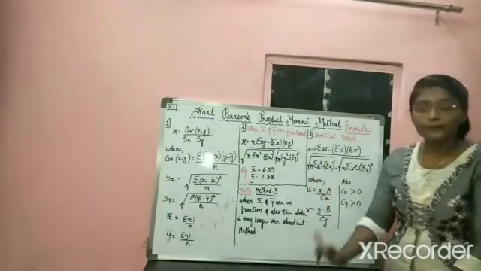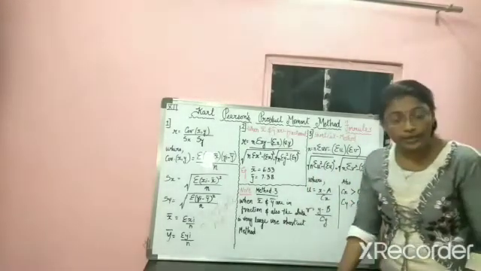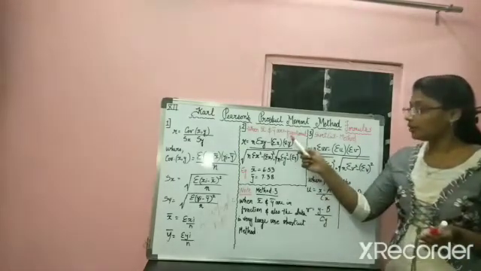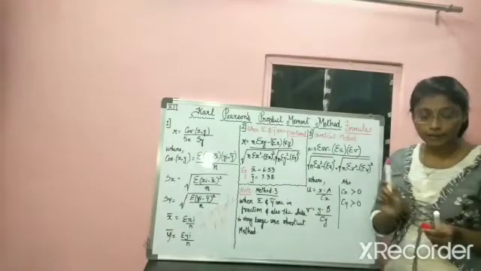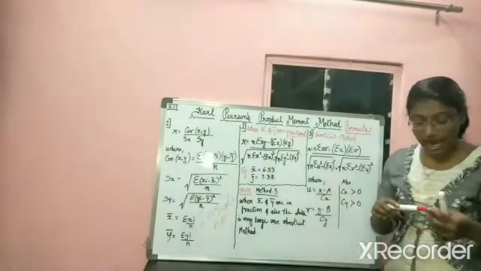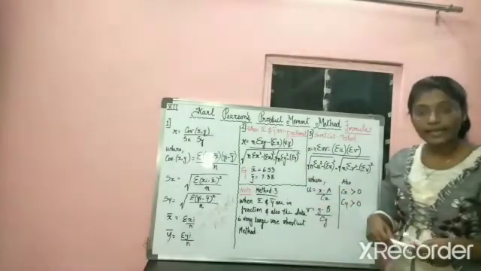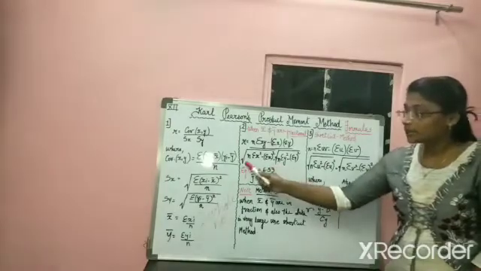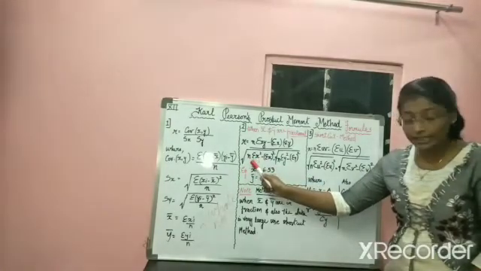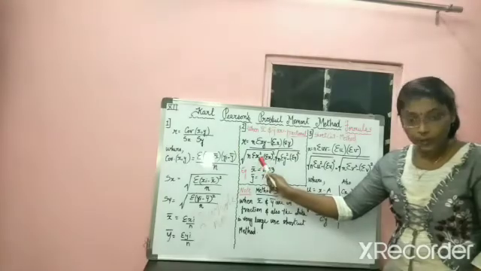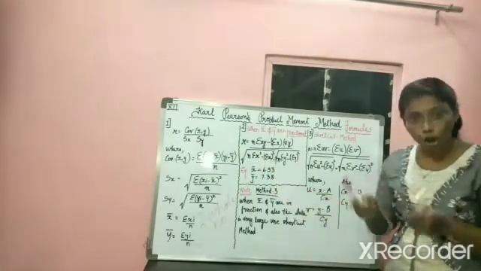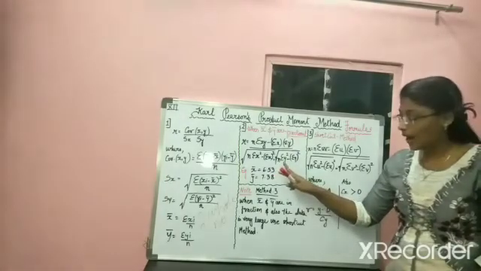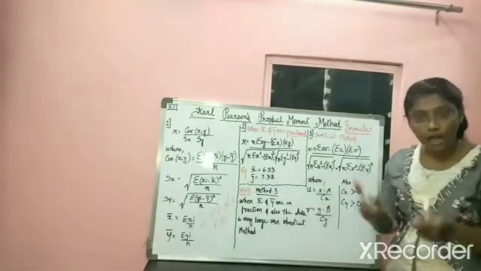Now move on to the second formula. You use the second formula when your x bar and y bar show a fractional number. You have to remember this. The formula says R is equal to n into sigma xy minus sigma x into sigma y, divided by the square root of n into sigma x square minus (sigma x) the whole square, multiplied by the square root of n into sigma y square minus (sigma y) the whole square.